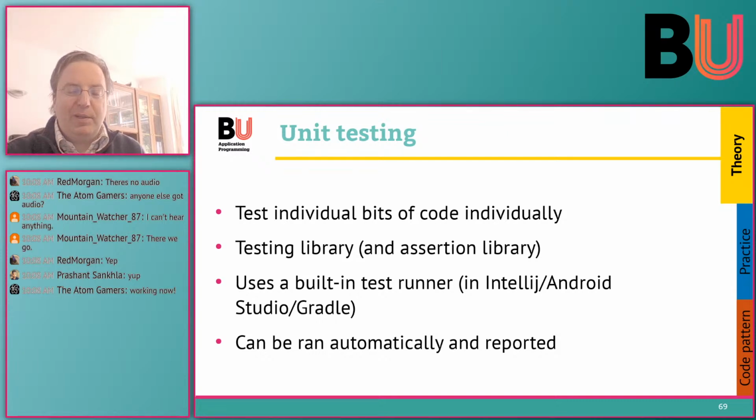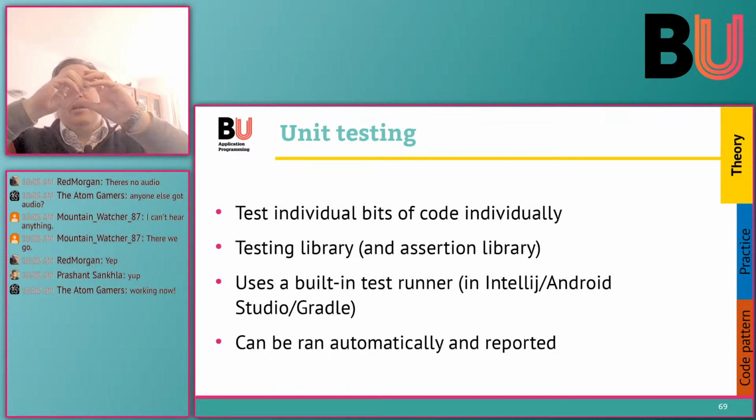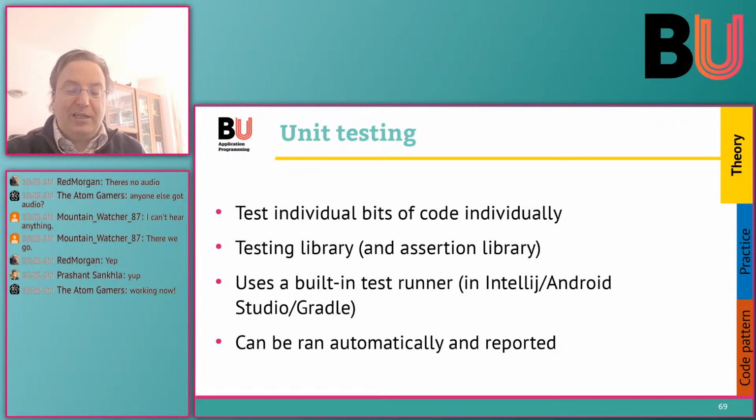Unit testing is the ability of saying, okay, we want to be able to test specific elements of code on an individual basis. You normally use a testing library that drives all the testing, and that also allows you to have all these test runners like in Android Studio or IntelliJ or even Gradle. For those of you who have figured it out, I added a configuration into the assignment code that would actually run the test runner on your code, so run Gradle on your code to check your logic.